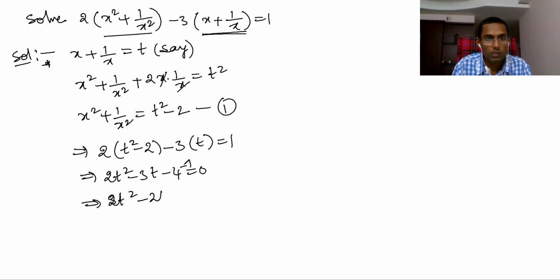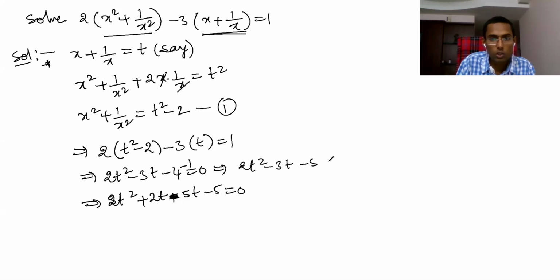So minus 4 minus 1 is minus 5, 5 2s are 10. So 2t plus, this is minus 5t minus 5. You understand please, this is 2t square minus 3t minus 5 equal to 0 here. 2 5s 10, and here this is factorization method.